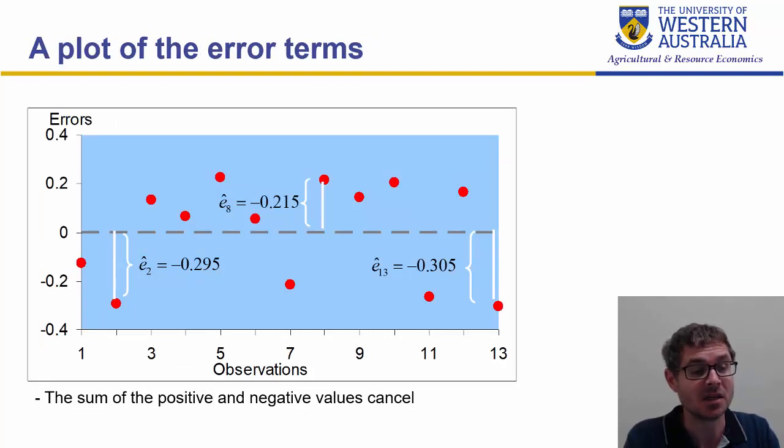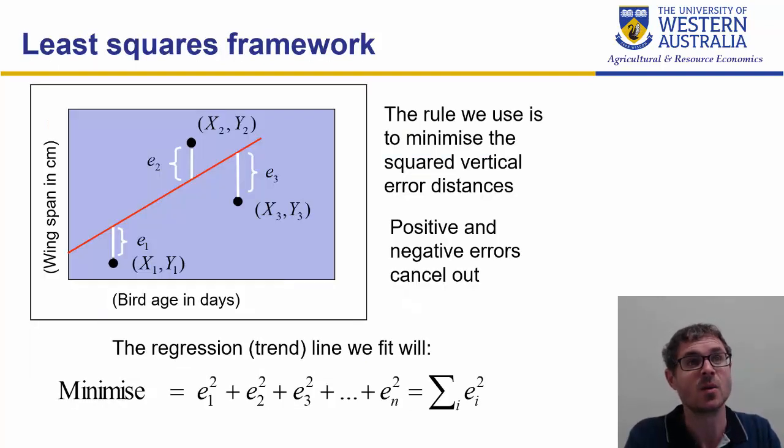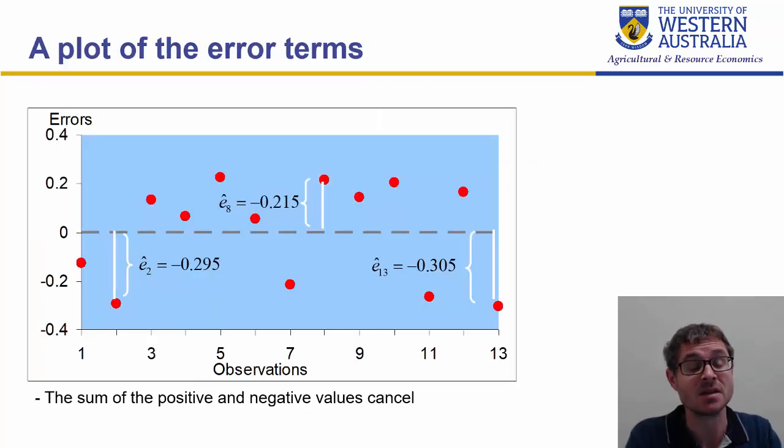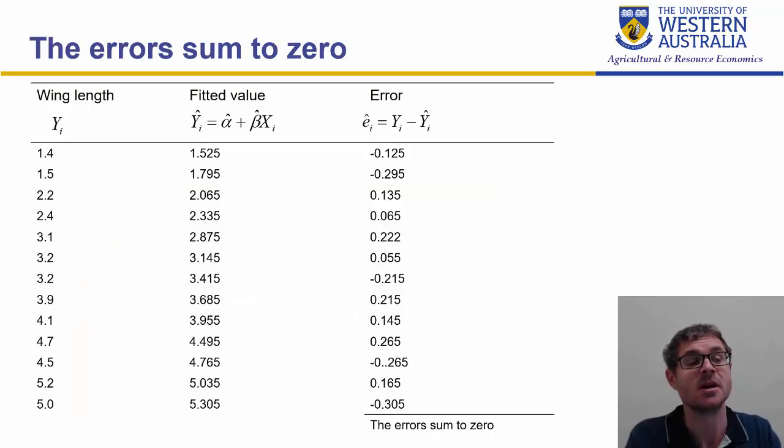So here, this is what it looks like when we're plotting a trend line. My values are centered around 0, so you can see here that the positives and negatives add out. This is a plot of my errors rather than my actual values. With the wingspan example, it would be something like this. I have yi, which is my actual measurement.